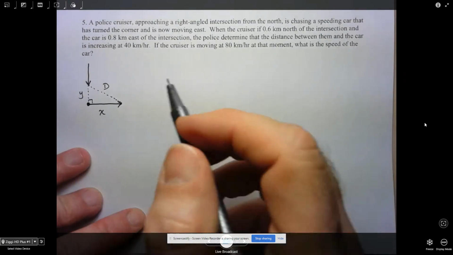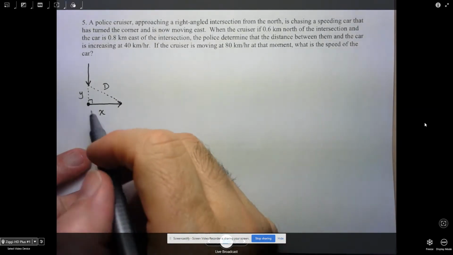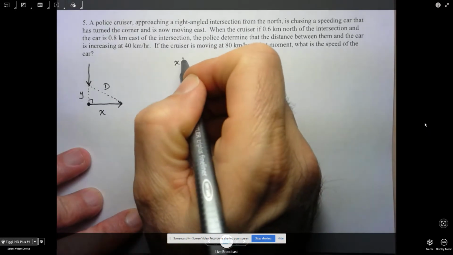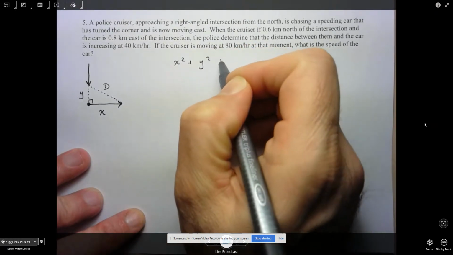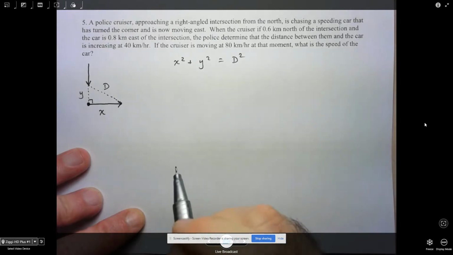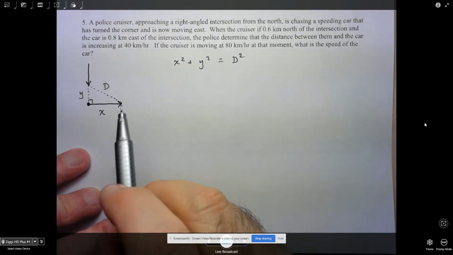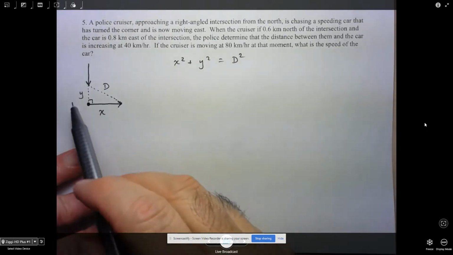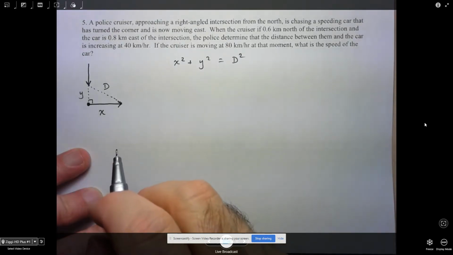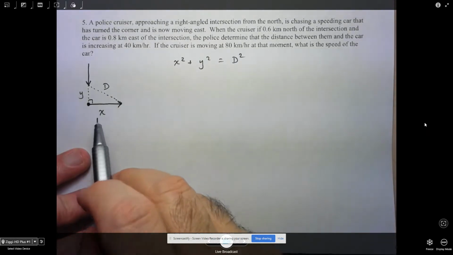So let's set up our model here. Very easy: I just have x² + y² = d². Now keep in mind, I'm not looking for a maximum or minimum. We've had this setup before within an optimization question, but what I'm looking for here is the rate of change of x with respect to time.